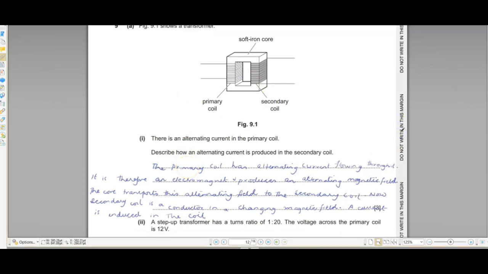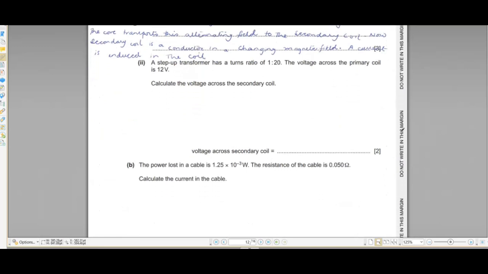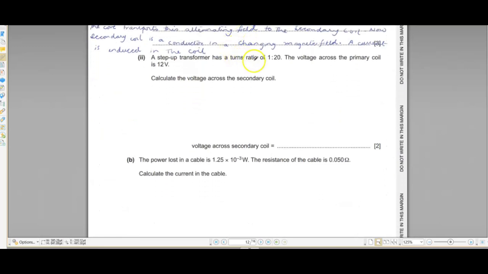Moving forward, a step-up transformer has a turns ratio of 1:20. The voltage across the primary coil is 12 volts. Calculate the voltage across the secondary coil. So we have a formula for that. Vp over Vs, that is the ratio of the voltage in the primary coil to the voltage of the secondary coil, is equal to the number of turns in the primary coil to the number of turns in the secondary coil.